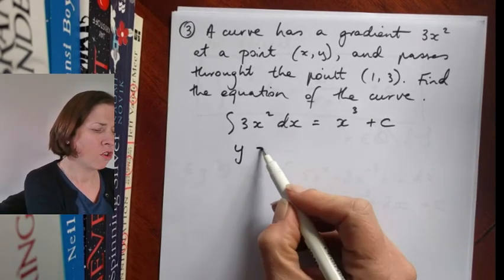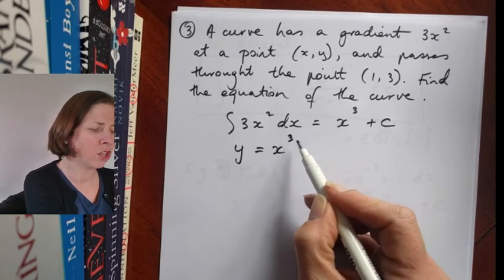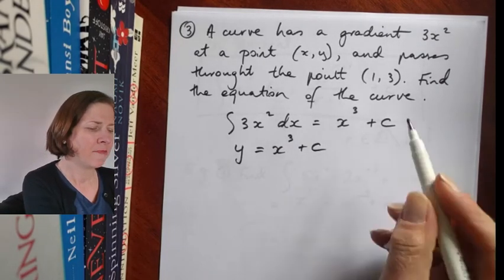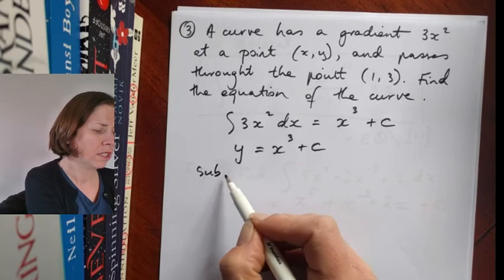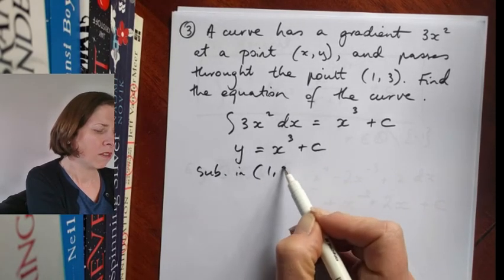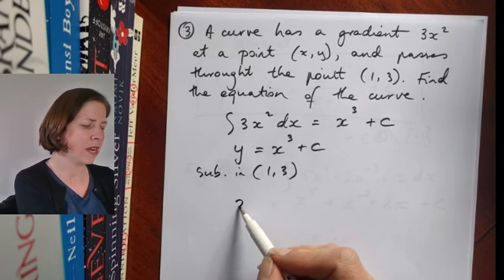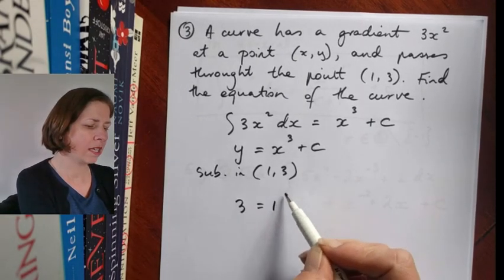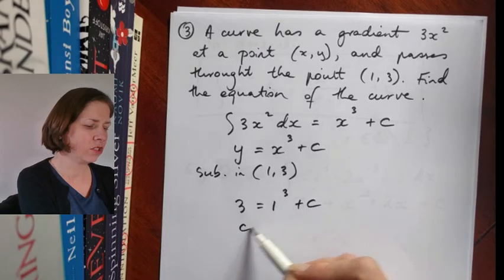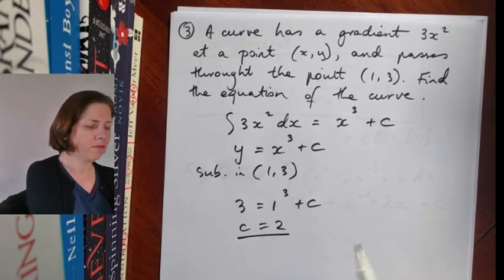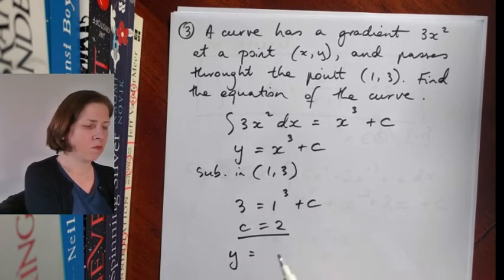So far I know that my equation is y equals x cubed plus c. But I also know that I've got the point (1, 3). So I'm going to sub in the point (1, 3), and that gives me 3 equals 1 cubed plus c, so c equals 2. Therefore the curve is y equals x cubed plus 2.